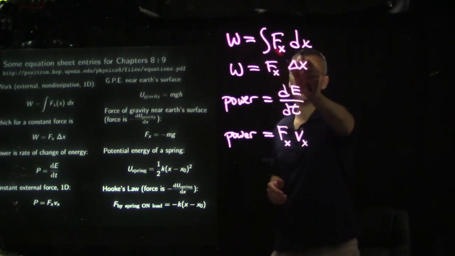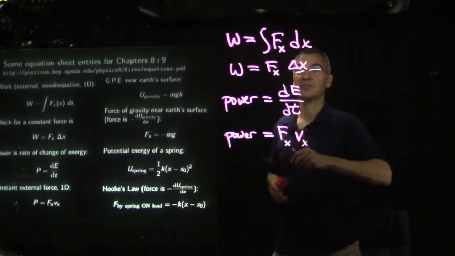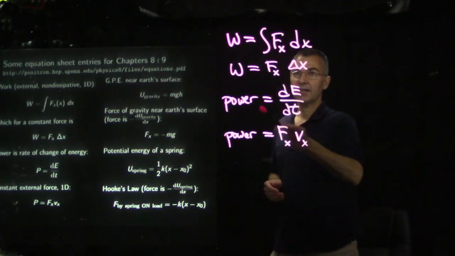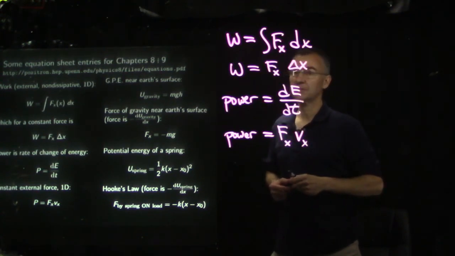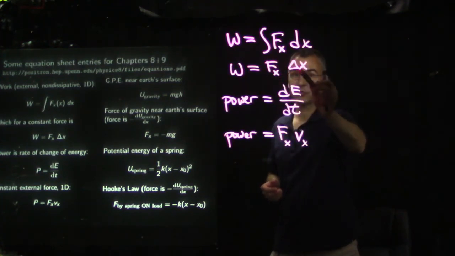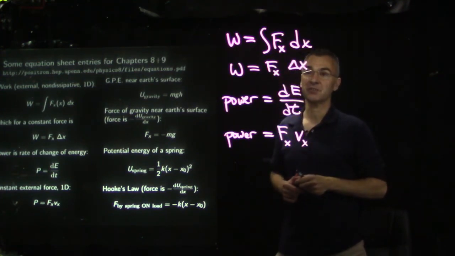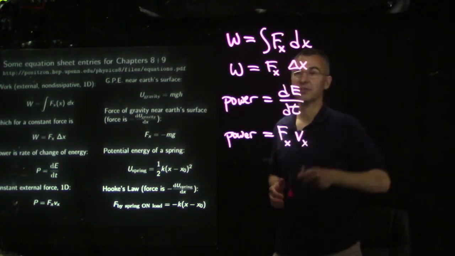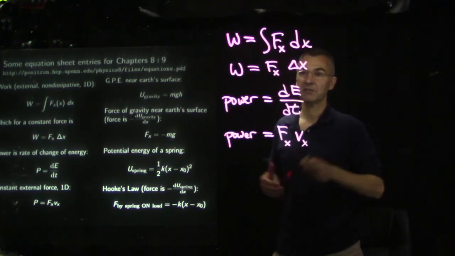So work is the integral of F_x dx. This is the force in the x direction. If the force is constant, then you can just say the work done by that external force is the x component of the force times the displacement of the point of application of the force. So you can just say work is the x component of the force times delta x if it's a constant external force.